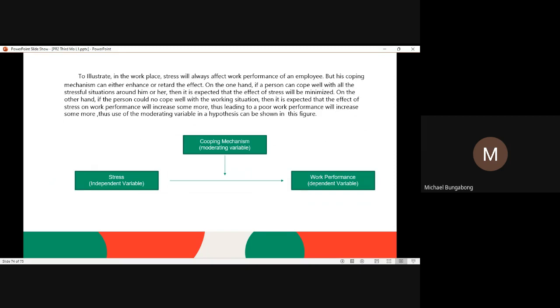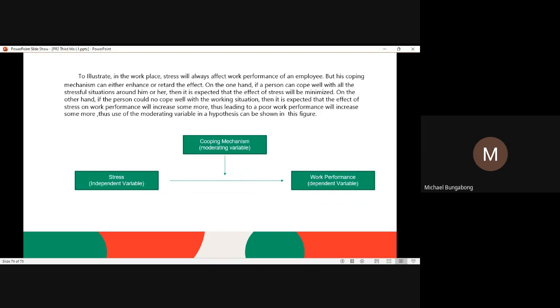So therefore, this is expected that the effect of the stress on work performance will increase some more, leading to a poor performance kapag hindi sila nakapag-cope up doon sa stress na yon. Okay?